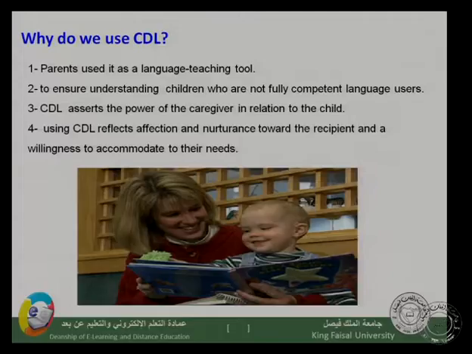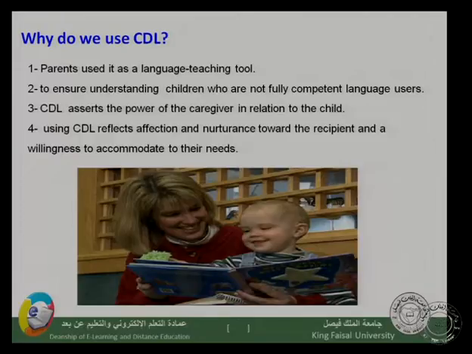Now, when I accommodate my language so that the child can understand, when I speak slowly so that an old man can understand what I say, this means that I am ready to accommodate my language to the need of this young child, or of this old man who is over 65, which reflects my affection, my interest, and my nurturance toward the recipient.